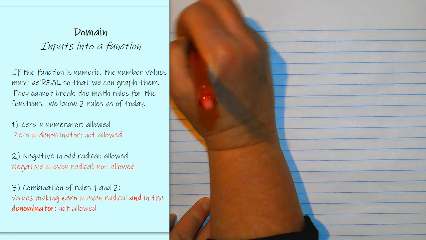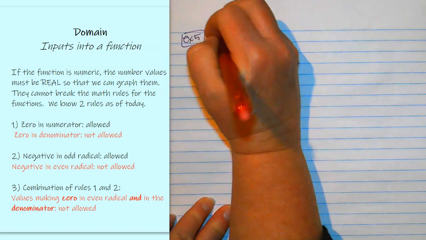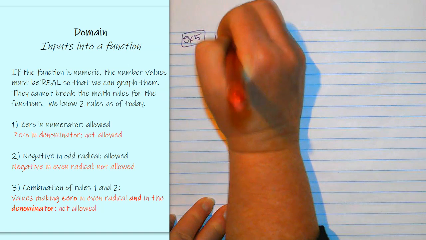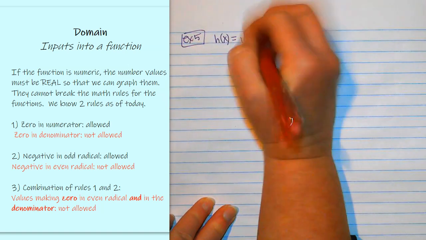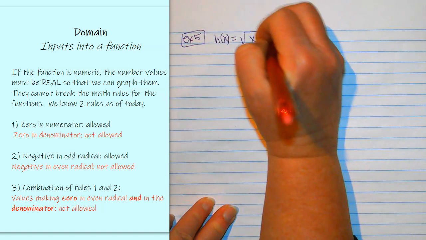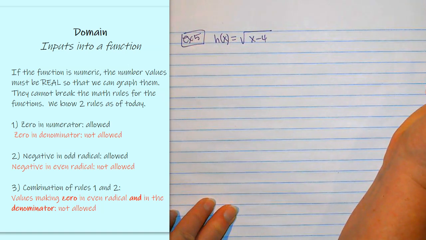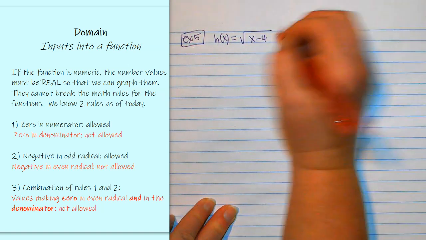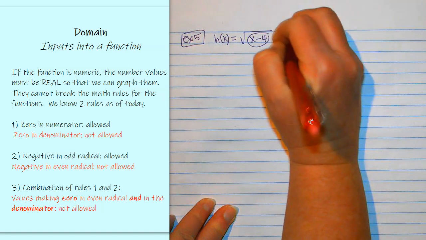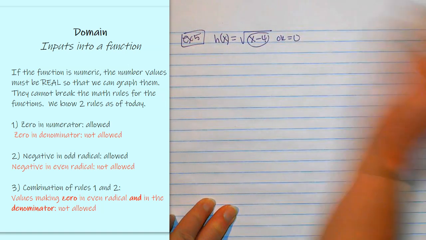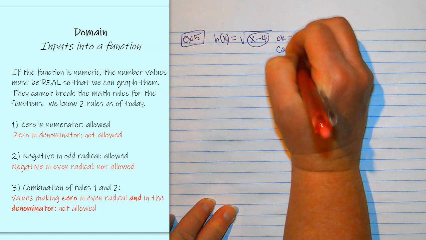So here we go. H of x equals the square root of x minus 4. So what do we need? This is okay to be equal to 0, but it cannot be negative.